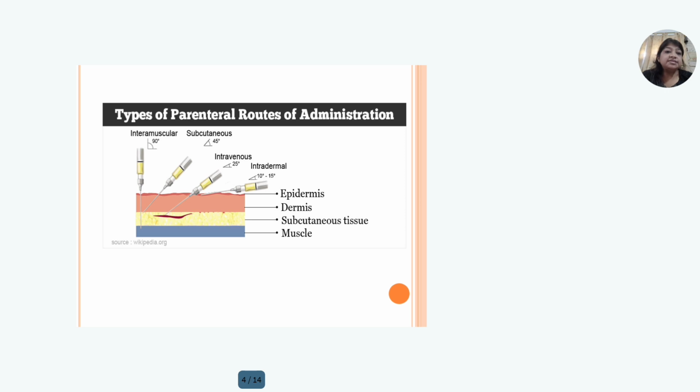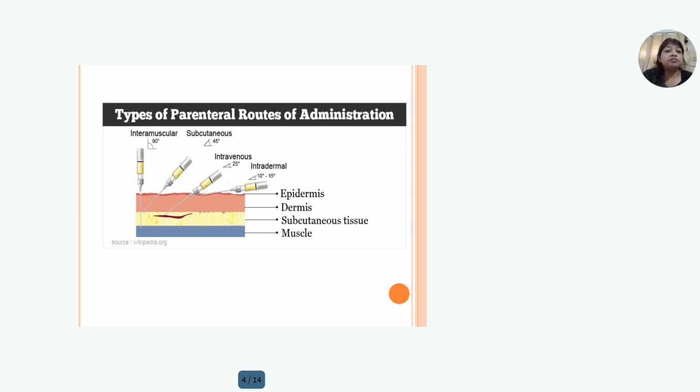This is a diagram of the different layers of skin. They are the muscle, the subcutaneous layer, the dermis, and the epidermis, from the inside to the outside. Within the muscle and the subcutaneous tissues, the veins pass through them.